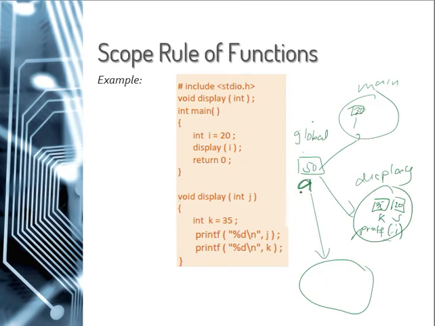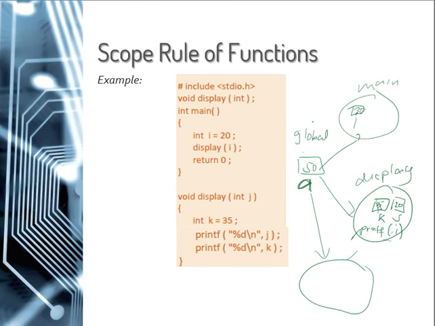So this global variable that exists outside the planets, outside the functions, can be seen in any function. But variables declared inside a planet exist only there. Okay?